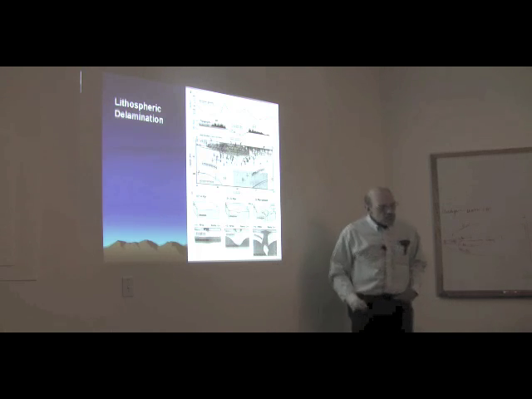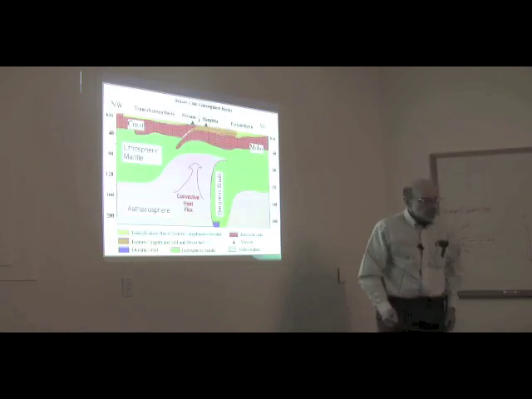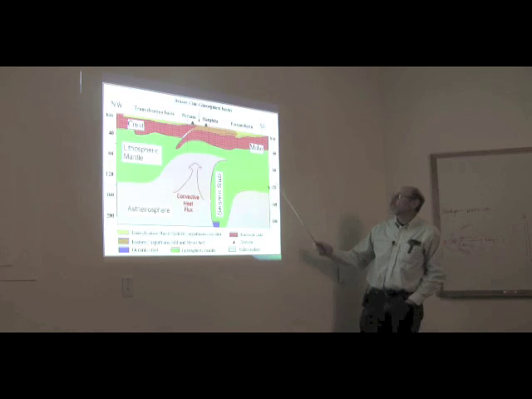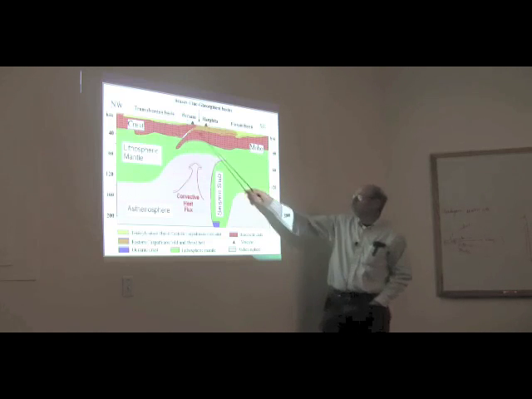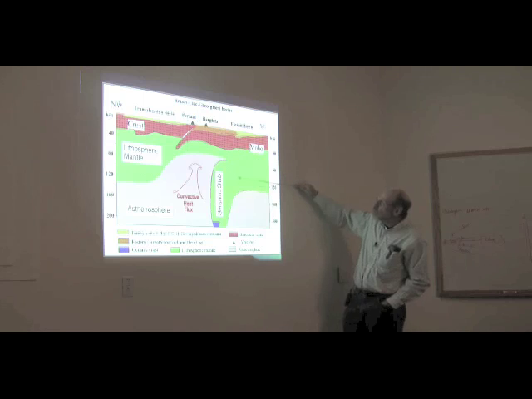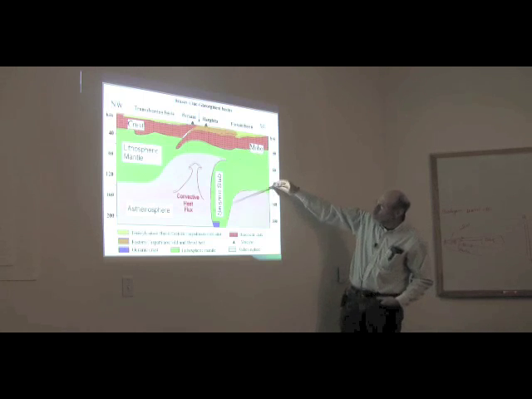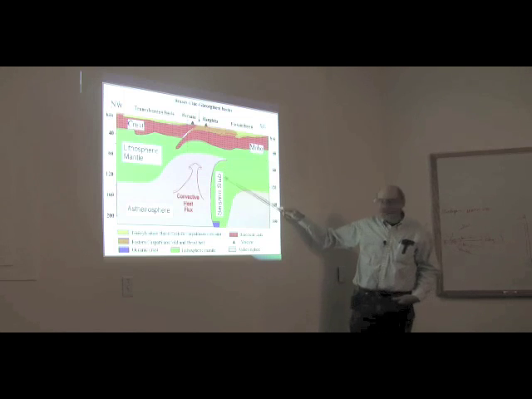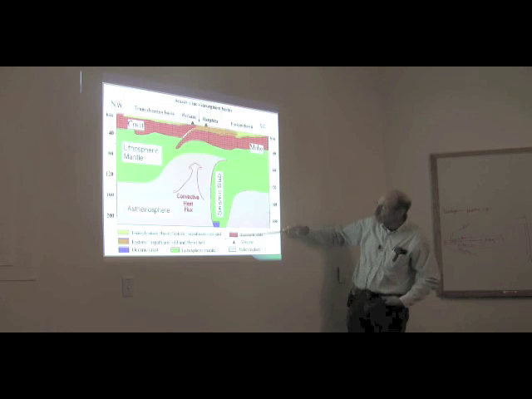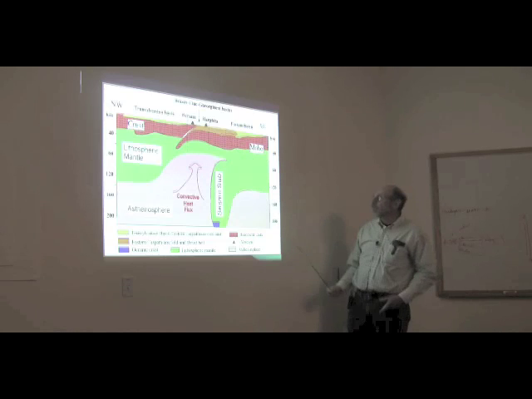Now that process is actually one that is fairly well documented. This is in the Carpathians, and it's a section, but it's showing, here's the mountains up here, and this green would be the mantle part of the lithosphere that pulls away in a slab that's still seismically active. So you can actually see this vertical zone of seismicity below the mountains.